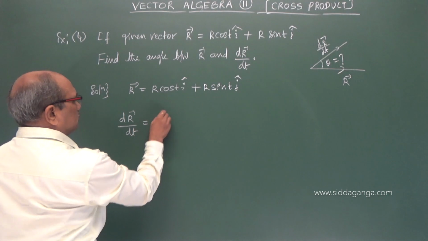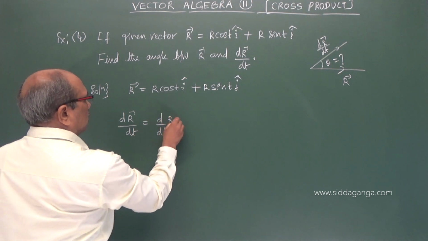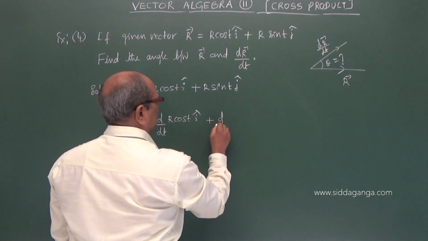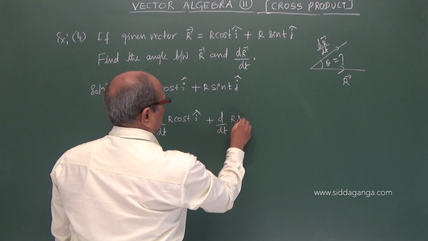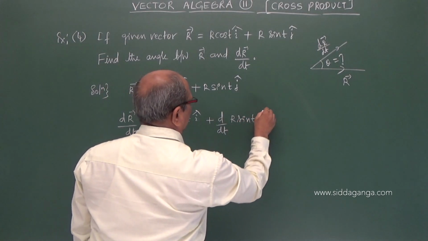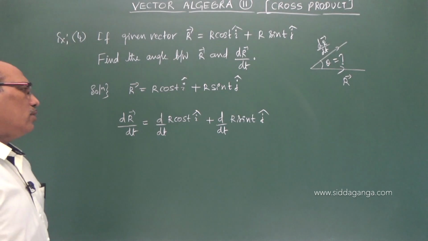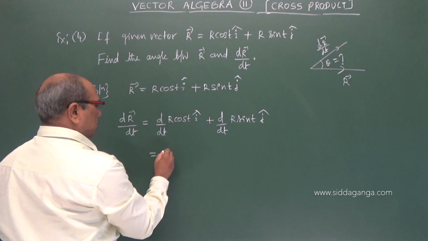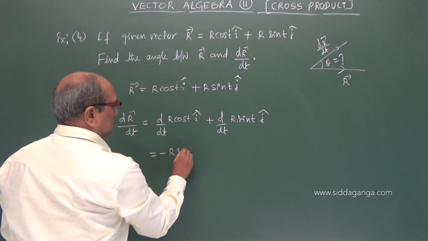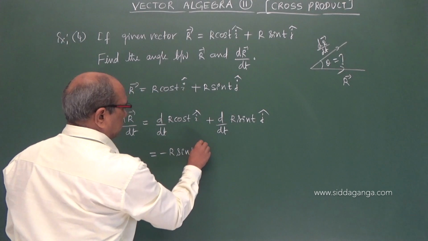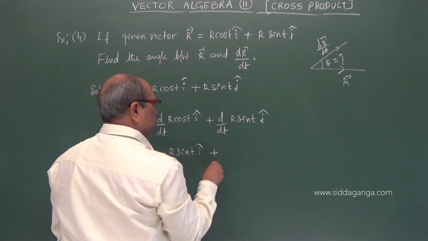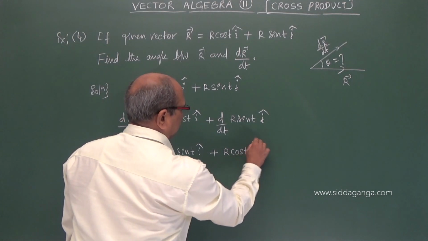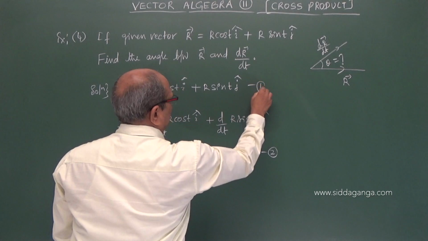Now d by dt of R cos t i plus d by dt of R sin t j. You know the differentiation of cos is minus sin. So minus R sin t i. Differentiation of sin is cos only, so plus R cos t j is equation 2 and the given equation is 1.